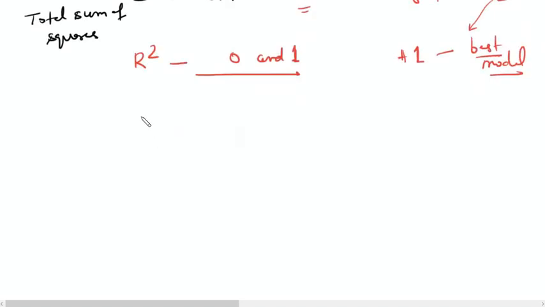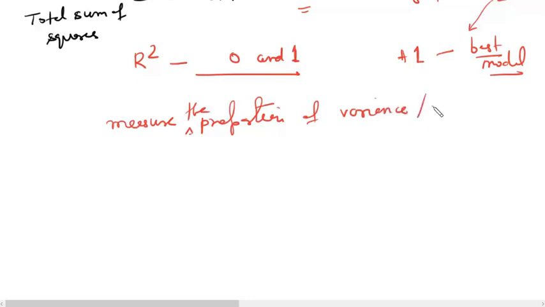Now what is the interpretation of R square? R square measures the proportion of variance captured by the model. So it measures the proportion of variance or information captured by the model.